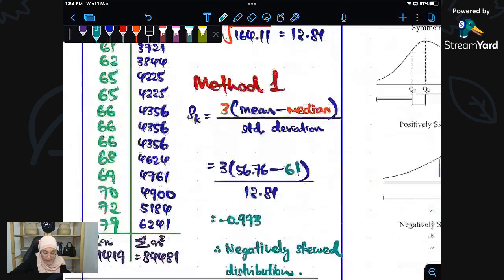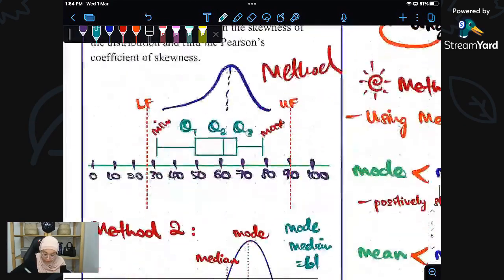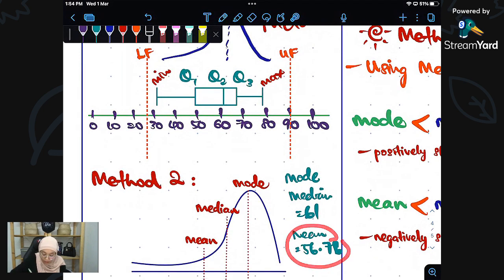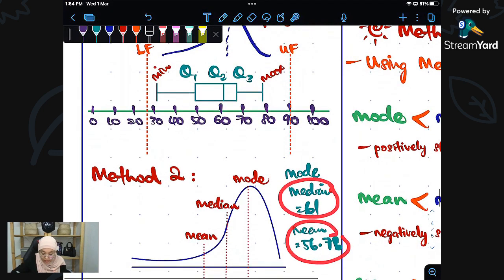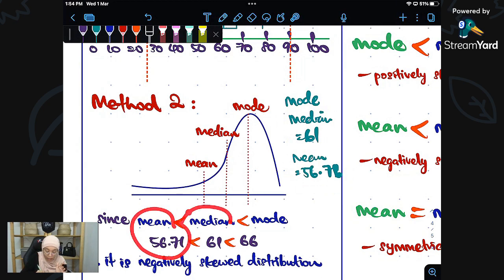Oh, the mean is just now, this one. The mean is 56.76. So basically, if you look here, the mean is smaller than the median. Therefore, the mean is in front, di depan, di hadapan median. Because the mean is smaller than the median. And the mode is 66.